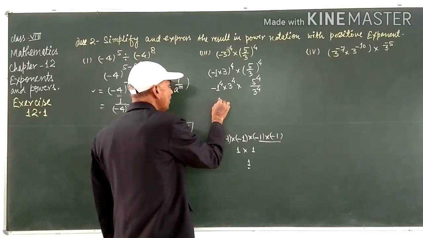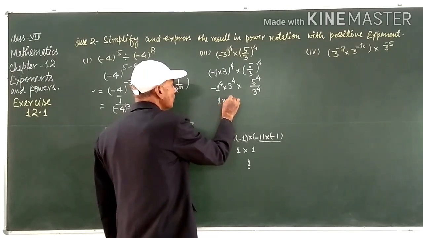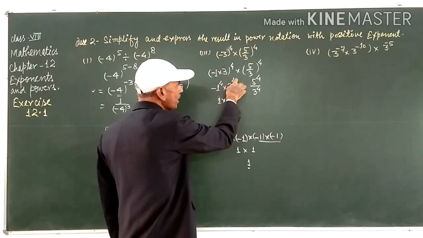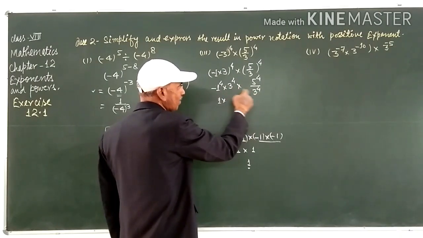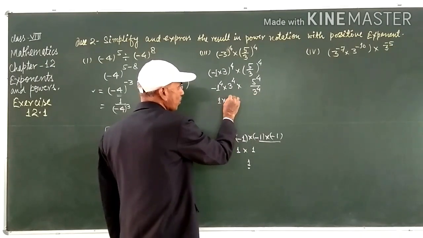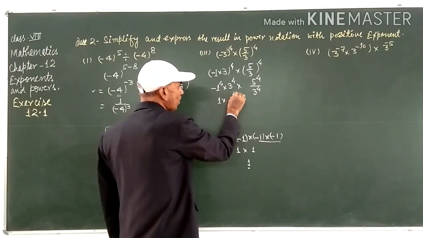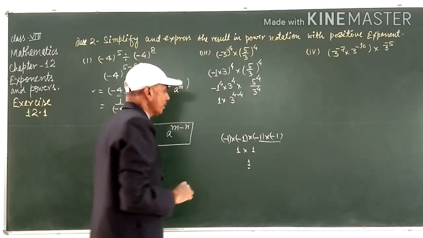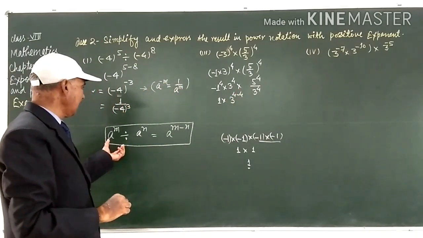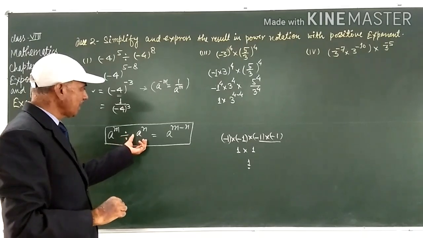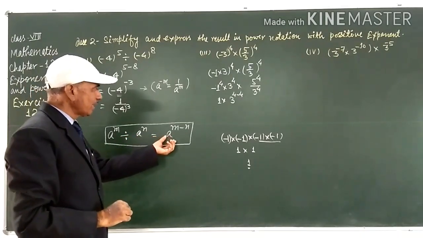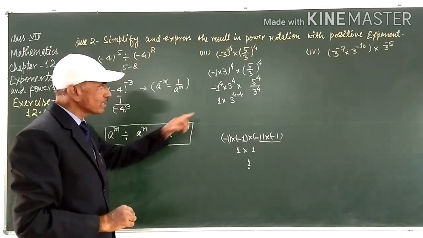So it will be 1 into 3 to the power 4 here, students, and this one divided by 3 to the power 4. So 3 to the power 4 minus 4. This is the law, a to the power m divided by a to the power n, that is a to the power m minus n.